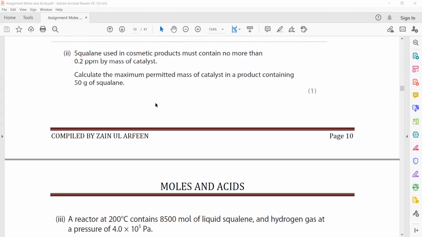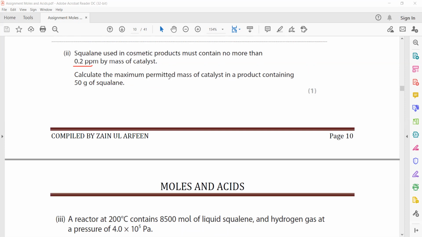Then squalane used in cosmetics must contain no more than 0.2 parts per million by mass of catalyst. Calculate the maximum permitted mass of catalyst in production of 50 gram of squalane. So if we are producing 50 gram of squalane, what should be the mass of the catalyst present in it?